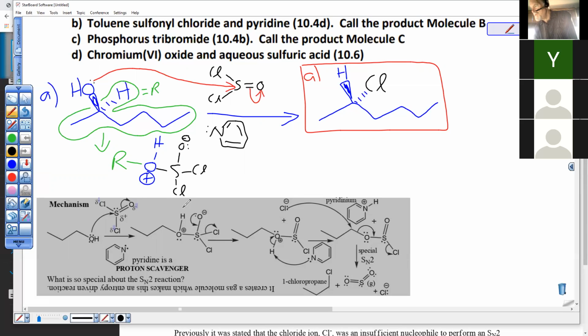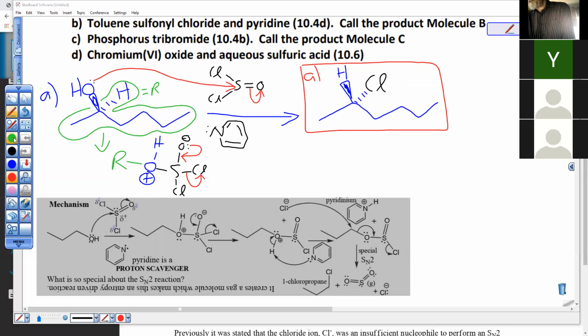And we have to do here what we did here. And that is resonate back down. That's going to regenerate a pi, and one of the Cls leaves.